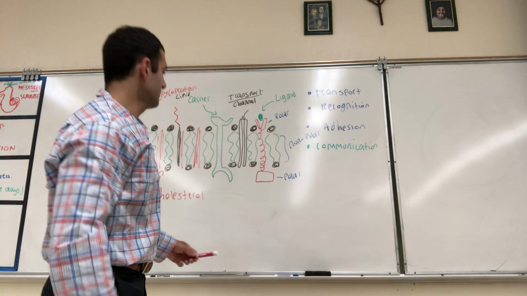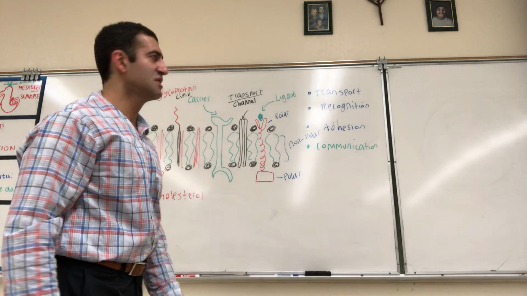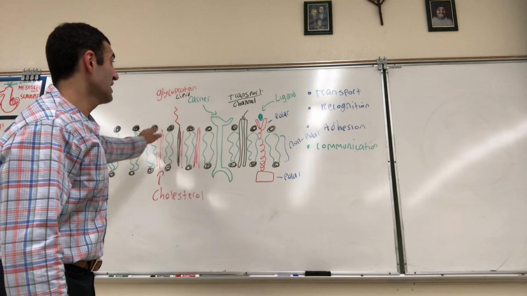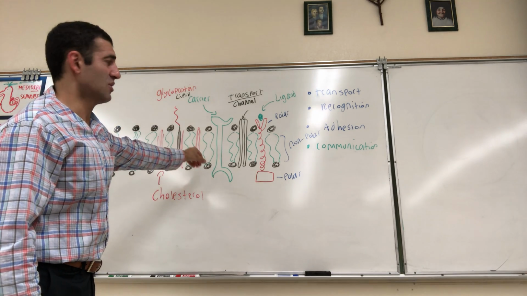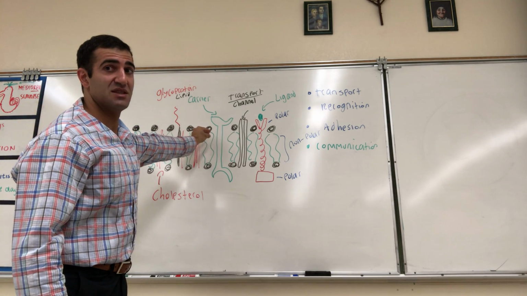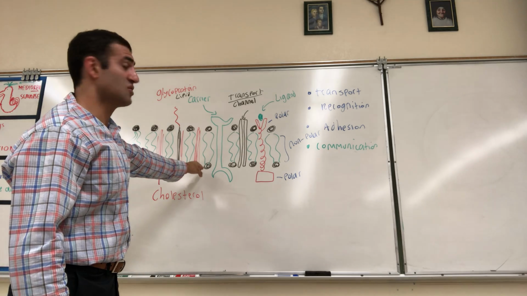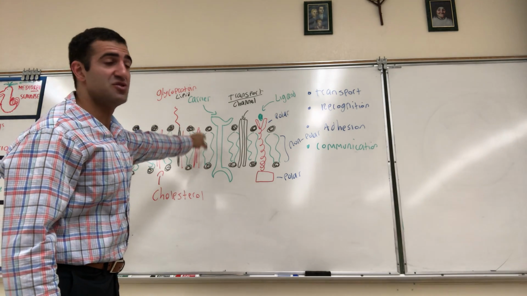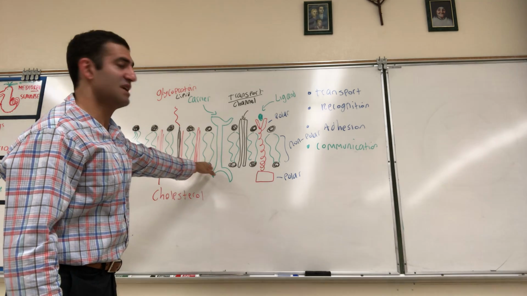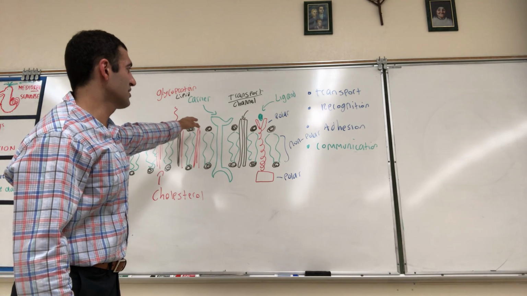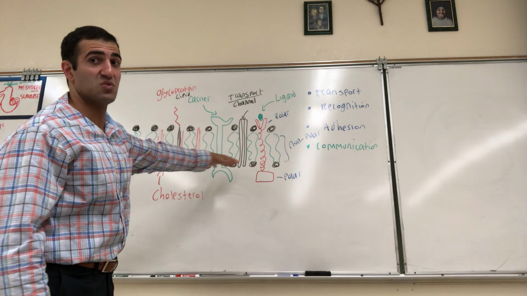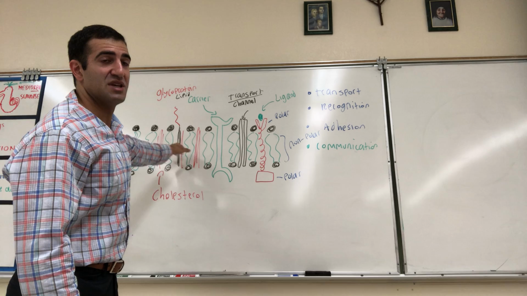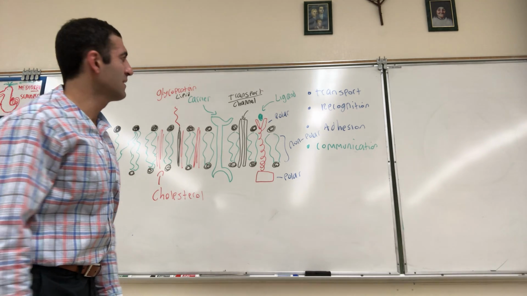So let's just recap this. We have the phospholipid membrane that's made up of fats and glycerol. Recall that in phospholipids, the head is glycerol and the tail is fatty acids, and we have here two separate phospholipid layers lining the inner part of the cell and the outer part of the cell, because of course water is found both inside and outside the cells, and the non-polar tails make up the inner membrane.